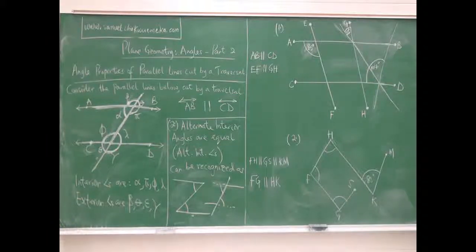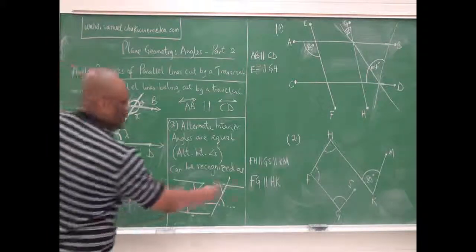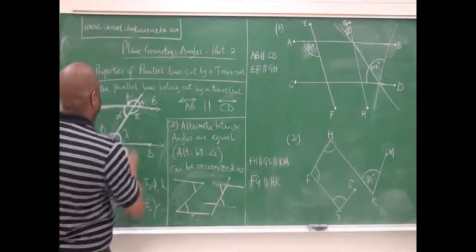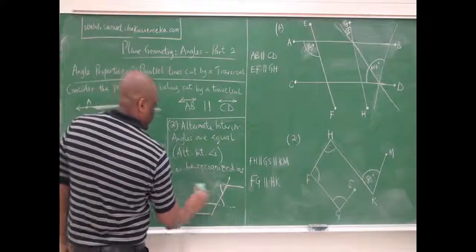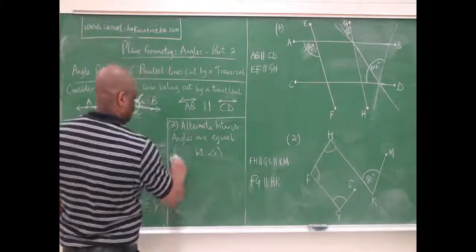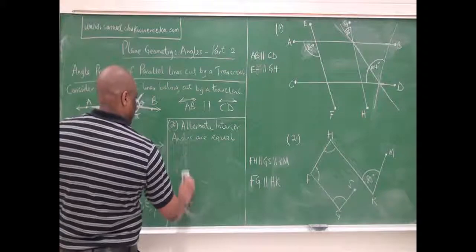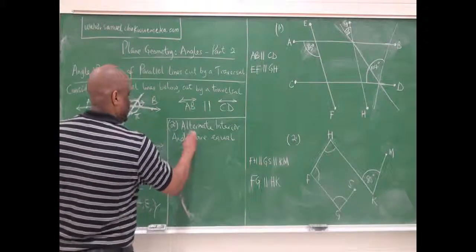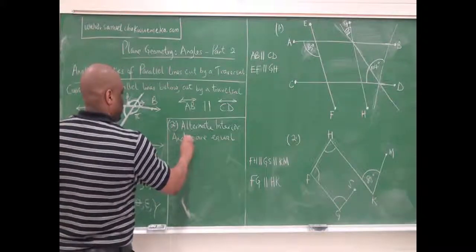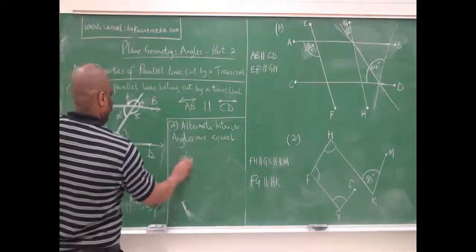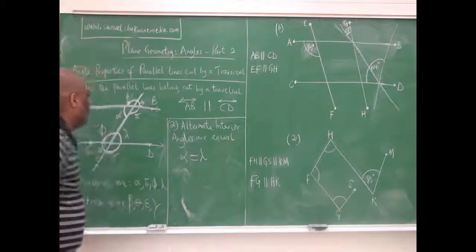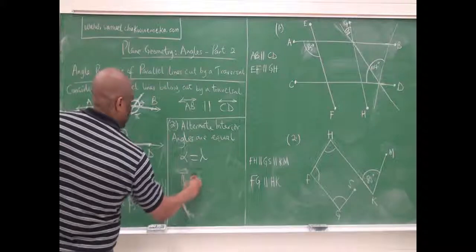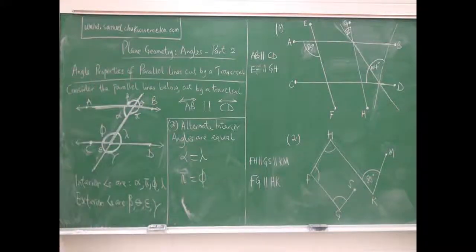Okay? So let's find the alternate angles here, alternate interior angles here. So this means that if we want to use this property, alpha is equal to lambda, and then pi is equal to phi.